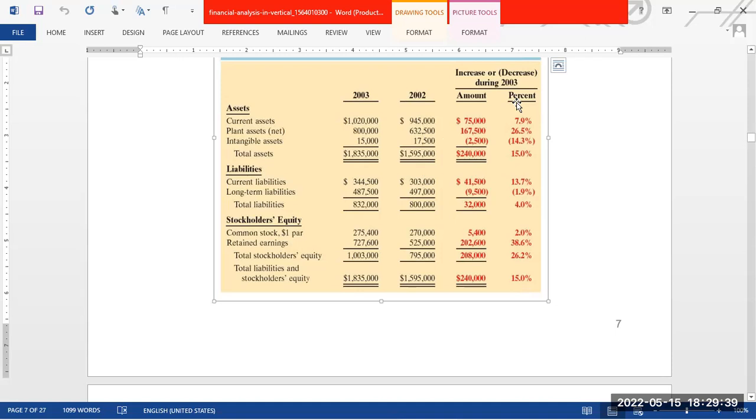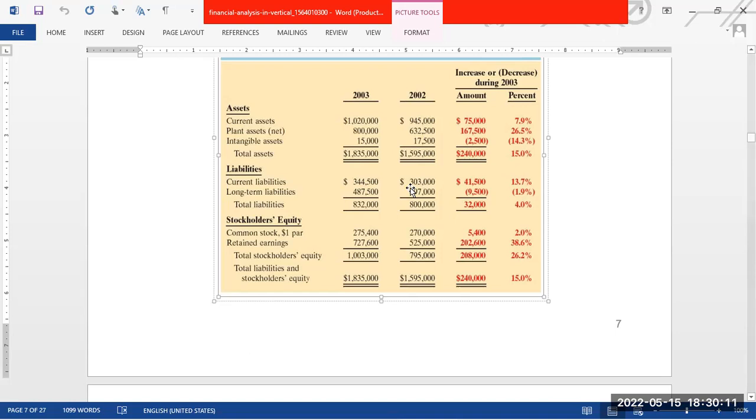Another sample of how to get a horizontal analysis, you can take a good example of our current liability, which is here. You take the total increase or decrease in 2003, which for current liability is 41,500. Then you divide it by this, which is 303,000.